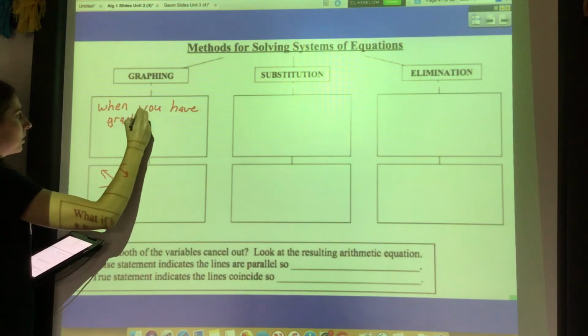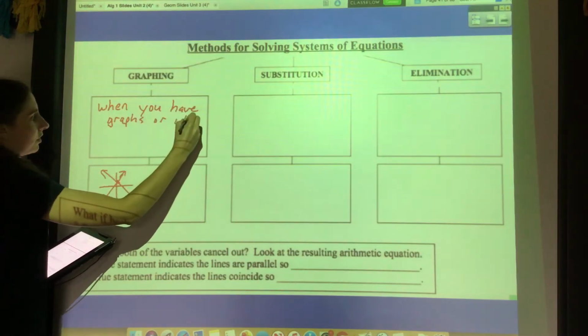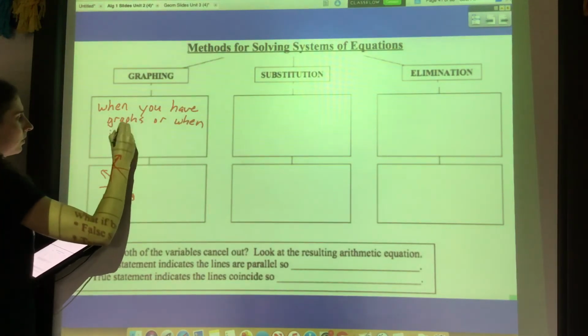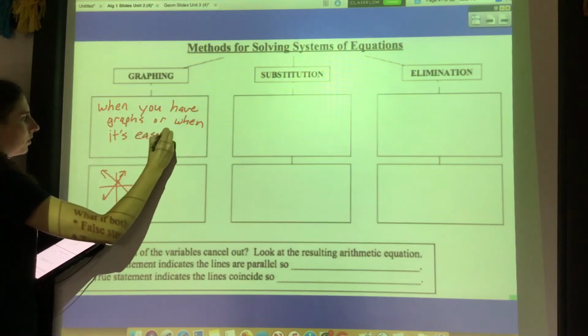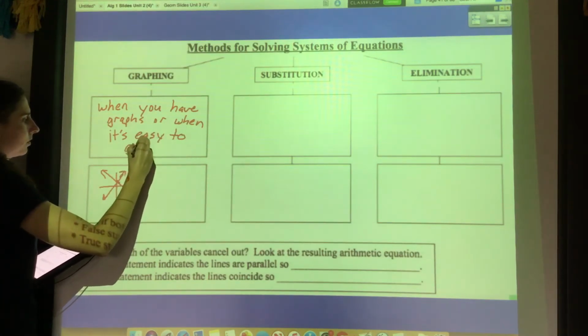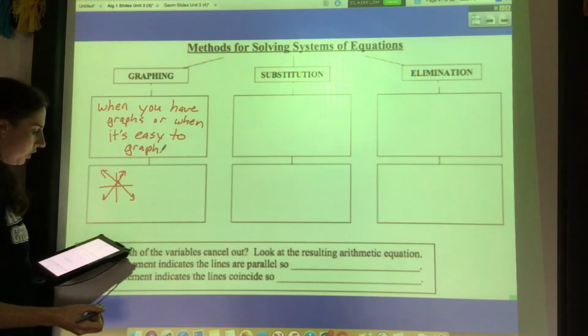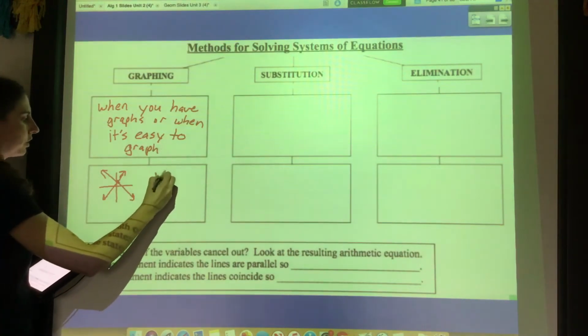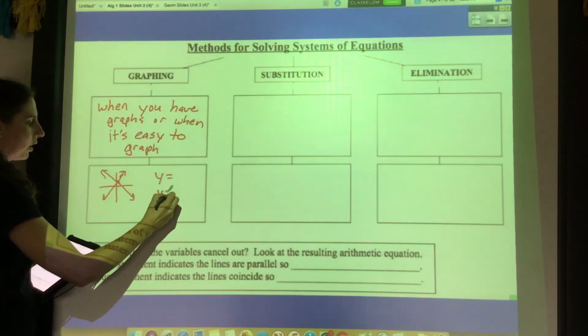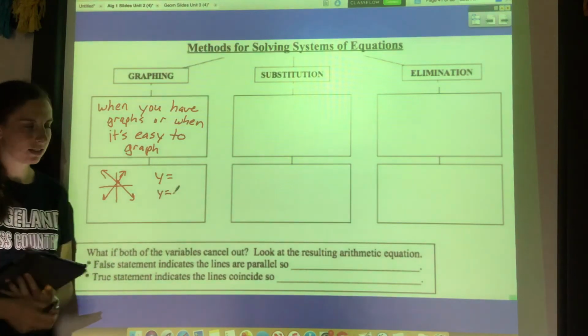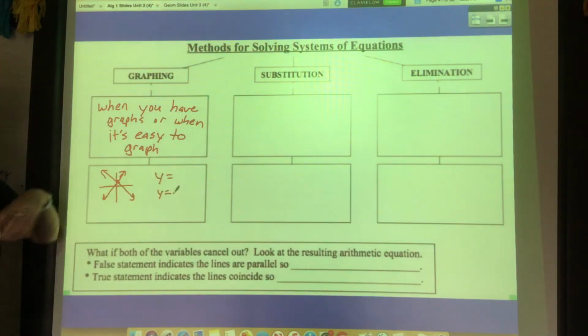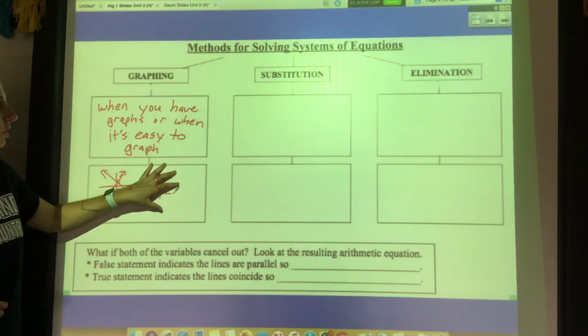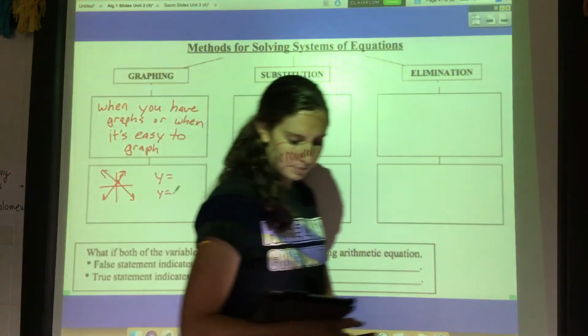Or when it's easy to graph. For example, if you're given a couple equations that are both in y equals mx plus b format, slope-intercept form, those are pretty easy to graph, and so maybe you want to solve with graphing in that case.